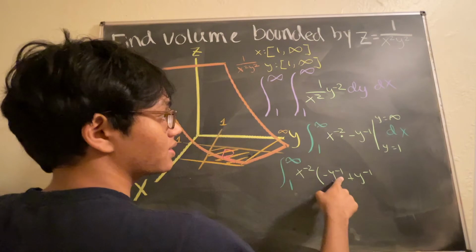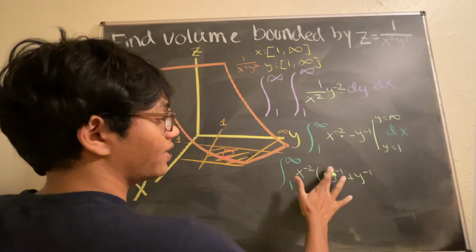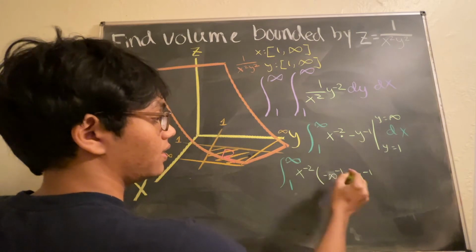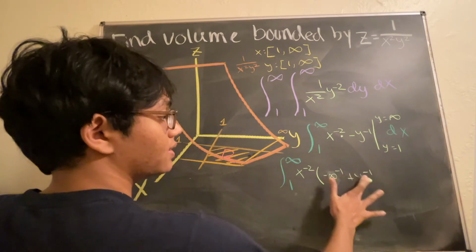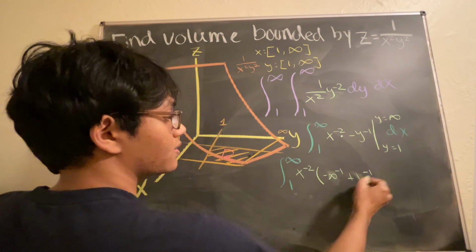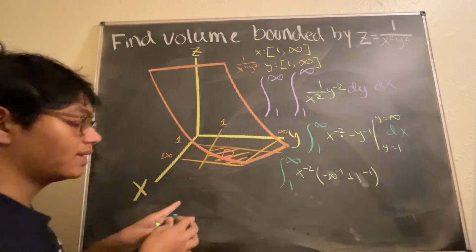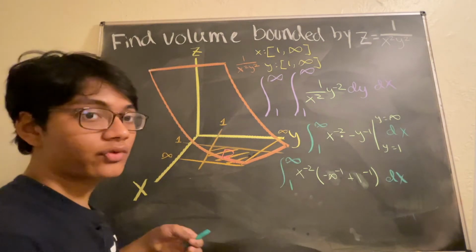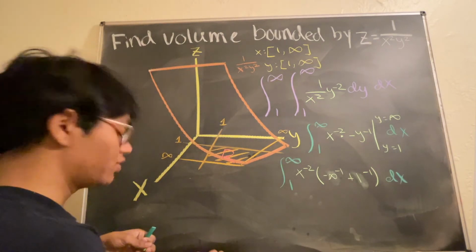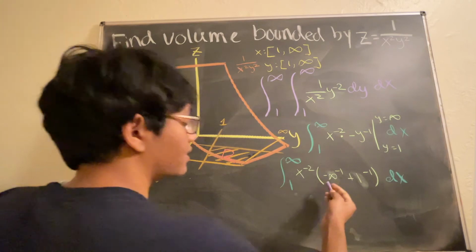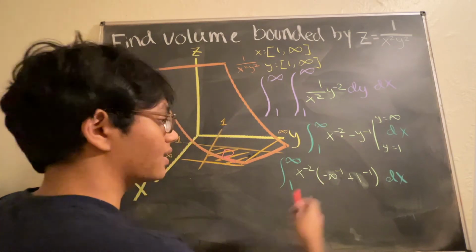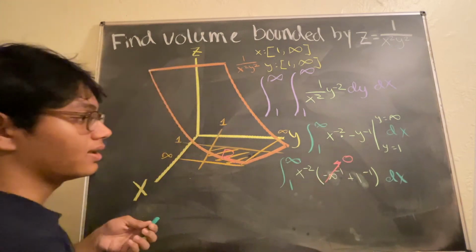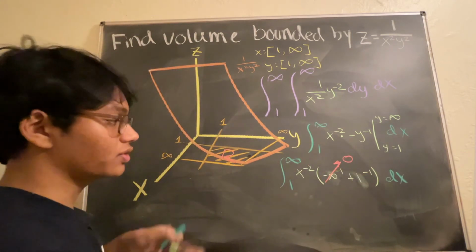Here of course I'm going to put in infinity instead of y, and here I'm going to put 1 instead of y. Infinity to the negative 1st power, of course, is theoretical. This infinity to the negative 1st power just goes to 0. And so we're left with 1 over 1, which is just 1.